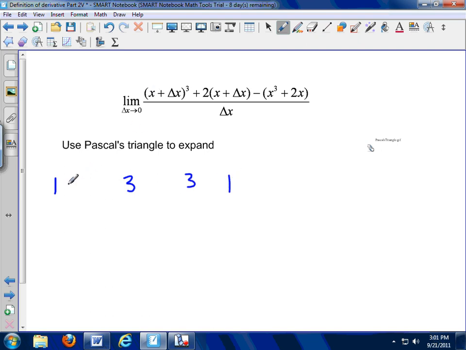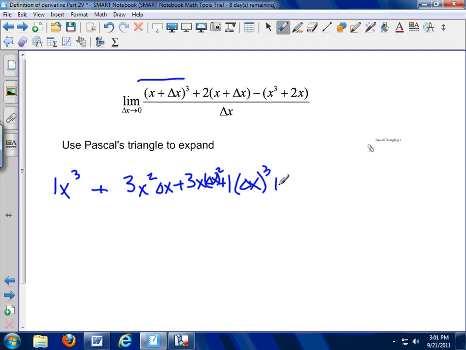We start with x cubed, then x squared, then x, and we start with delta x cubed on the other end, then delta x squared, delta x, all plus.